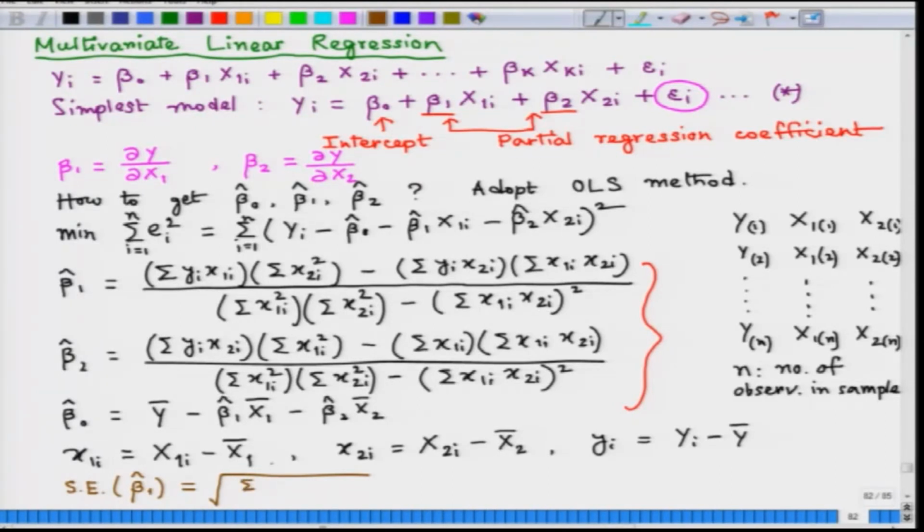So, again the sum ranges from 1 to n. I am skipping this sum range to save space and produce less clumsy expression. I am not showing you the derivation of this, because this is tedious and that serves no purpose for this course as well. So, let me just give you the final expression.